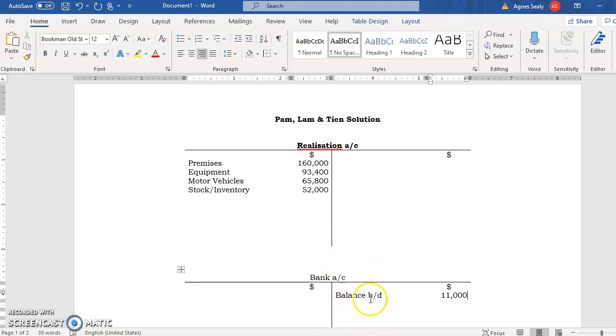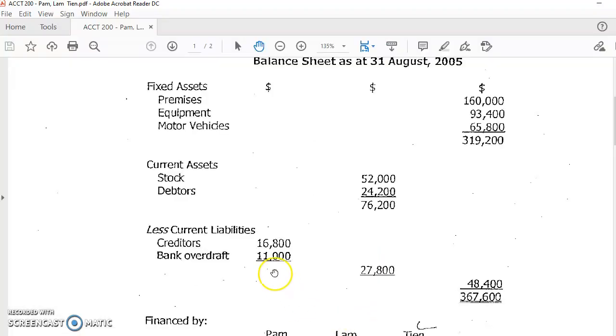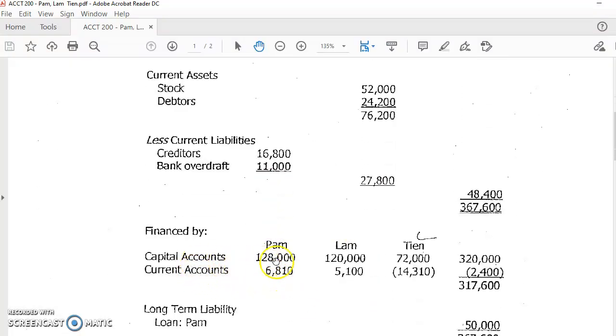And that's the capital. The capital accounts for Pam is $128,000, Lam $120,000, and Tien $72,000. So let's enter those opening balances on the capital accounts for the partners.